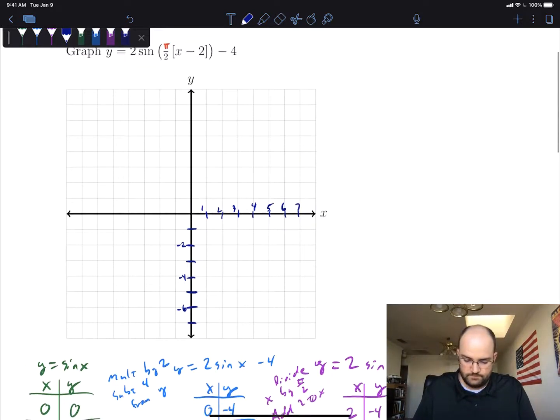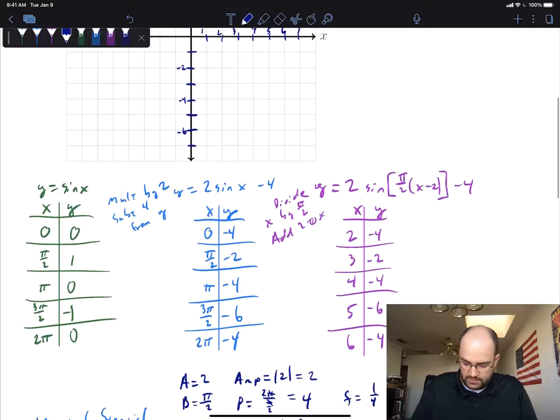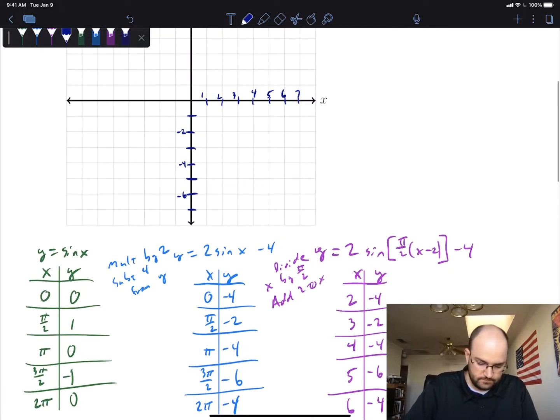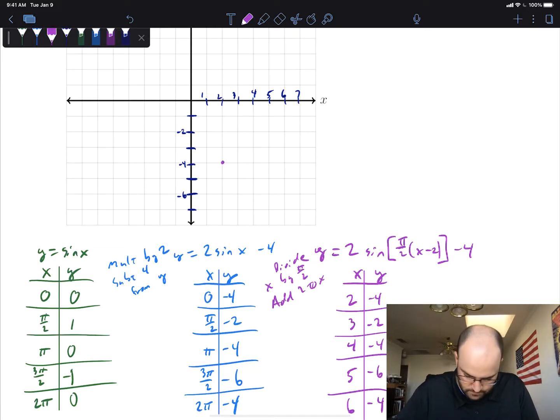Good. And then make sure that we just plot these: 2, -4. 3, -2. 4, -4. 5, -6. 6, -4. And there you go.